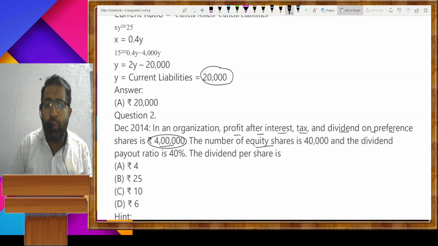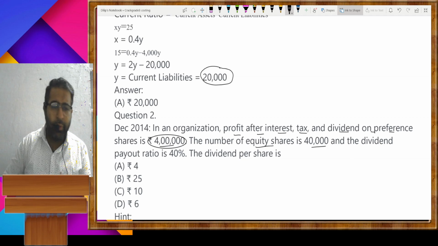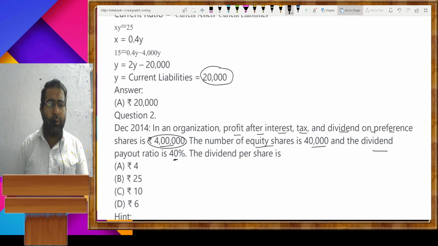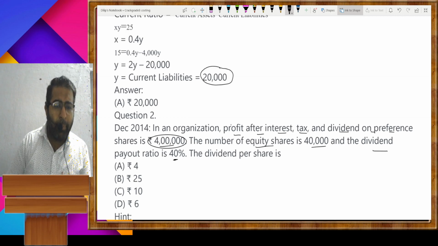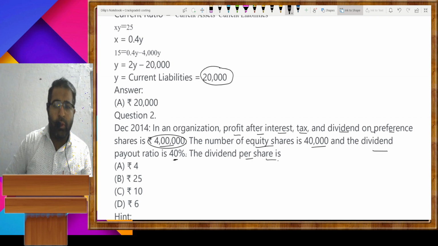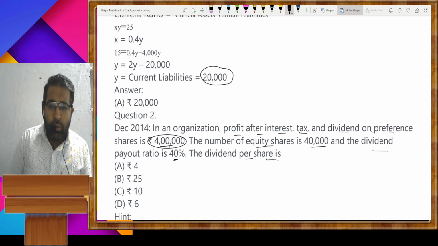The number of equity shares 40,000. The dividend payout ratio is 40%. Find the dividend per share. So first of all, total profit 4 lakh, dividend payout ratio 40%.